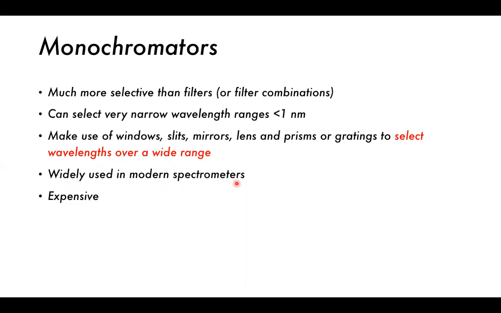They're widely used in modern spectrometers, but they are quite expensive and they really drive up the cost of spectrometers. But they're really, really useful. And they don't involve really any user manipulation. The instrument does everything using the inbuilt computer controls, and so it can select the wavelengths automatically. So we don't have to mess around with filters or something like that.